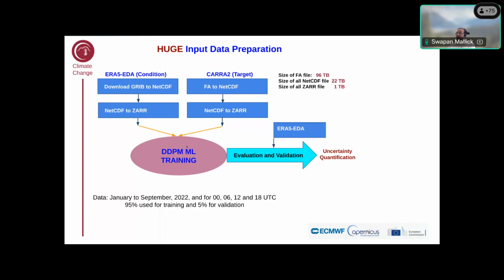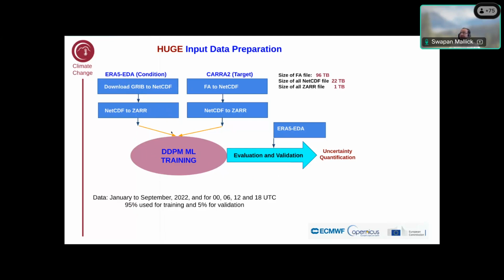Then we run the training using the denoising diffusion probabilistic model. For evaluation and validation, we use only the ERA 5 EDA, and it produces the uncertainty as well as the field also. This is the flowchart of the supervised diffusion model training we did.